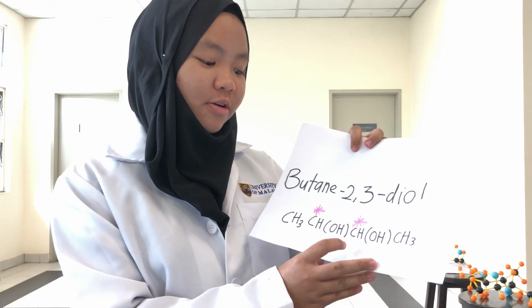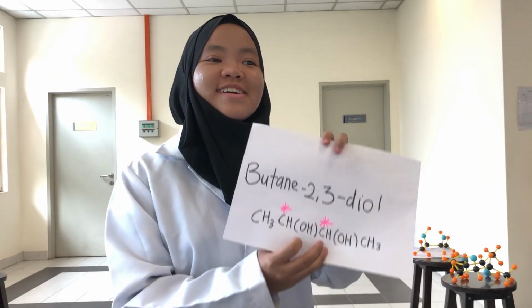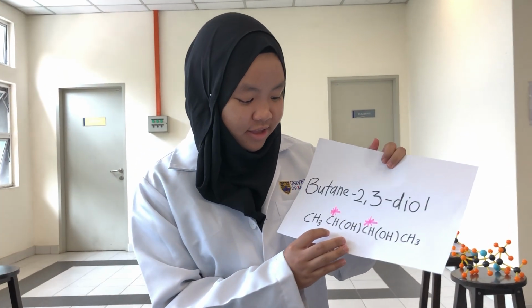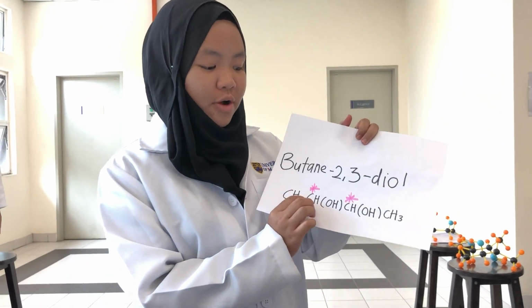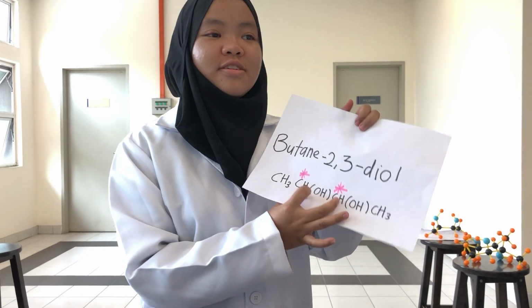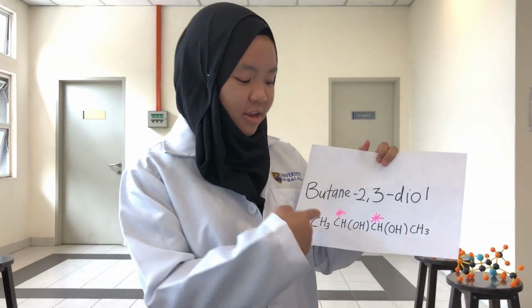Our next example is butane-2,3-diol. This is the formula of butane-2,3-diol. As you can see from here, we can already determine that the compound has 2 chiral carbons. We don't even have to draw the structure; we can determine it just from looking at the formula.